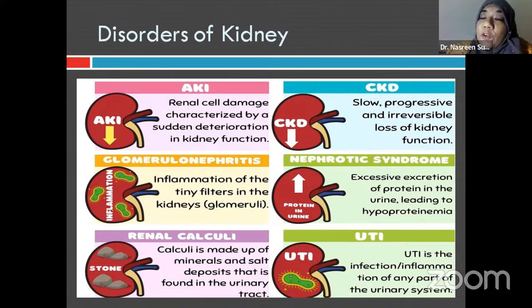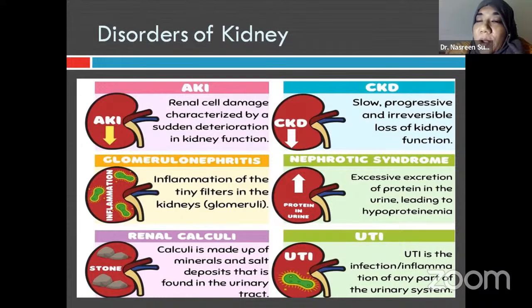Next, you have chronic kidney disease, which is a slow, progressive, and irreversible loss of kidney function. Nephrotic syndrome means the kidneys will excrete more amount of proteins. Therefore, it leads to hypoproteinemia.